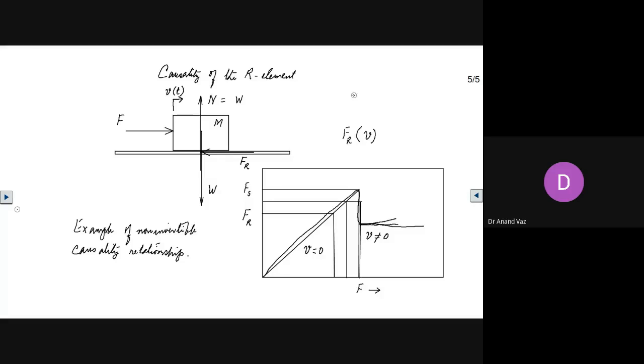In this case, you have R, let us say like this. You can impose flow on this, but it will decide the effort. You may decide the flow, that is the velocity, but it is the R which, depending upon the velocity, decides what the frictional force should be. So this is the flow variable and this is the effort variable.